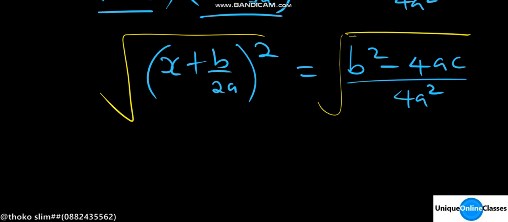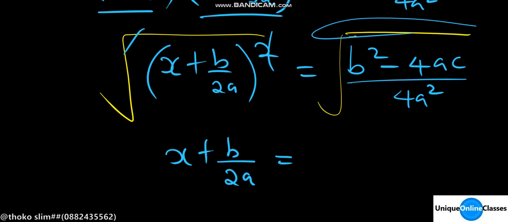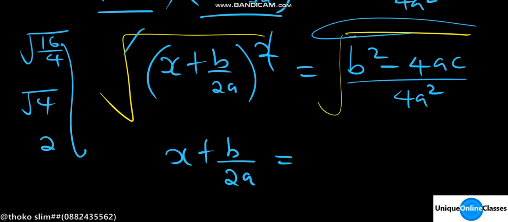So after the square root cancels the square, I'll remain with x plus b over 2a is equal to the square root of the right hand side. For example, the square root of 16 over 4: 4 into 16, that's 4, and the square root of 4, that's 2. The same thing can be written as root 16 divided by root 4.